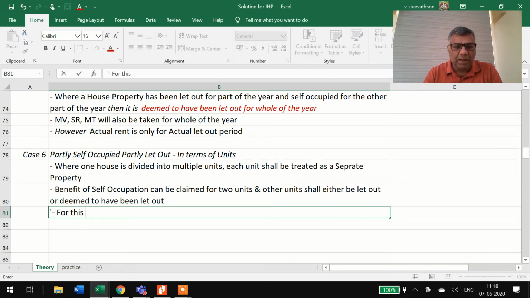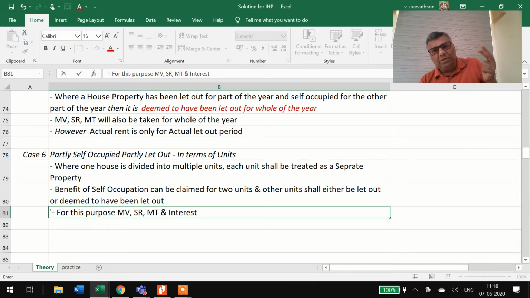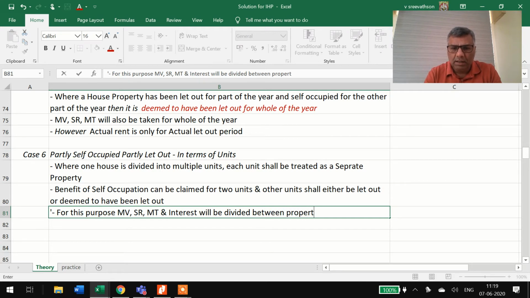For this purpose, MV, that is municipal value, SR, standard rent, MT, municipal taxes, and interest, which you have not yet studied and we will study later, will be divided between properties based on floor area.